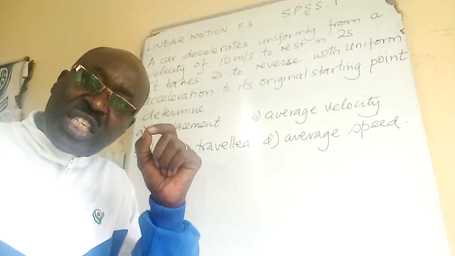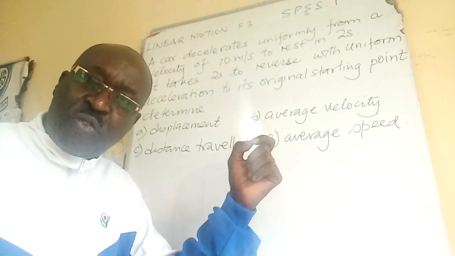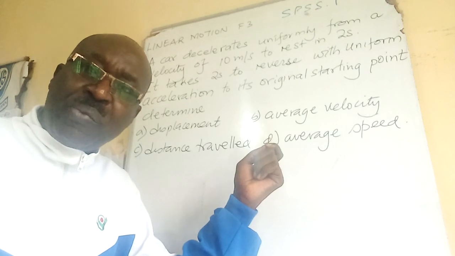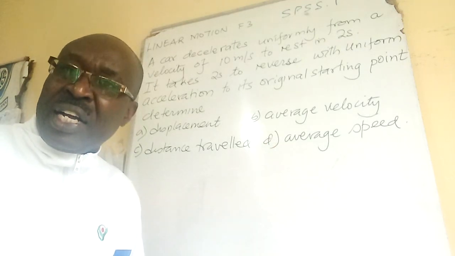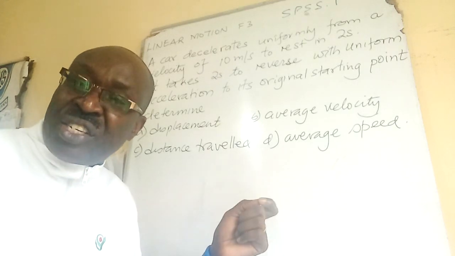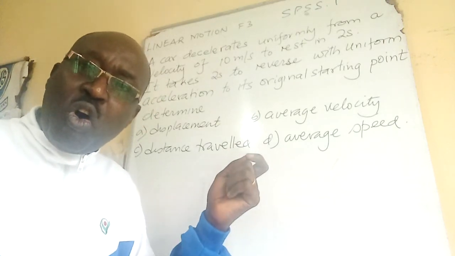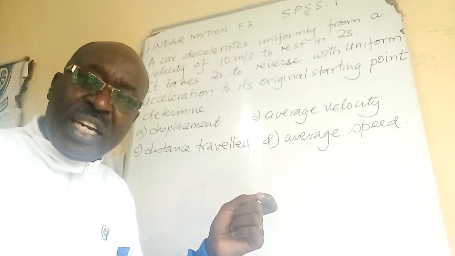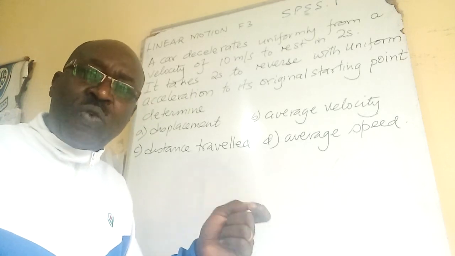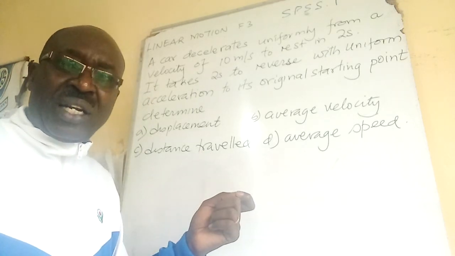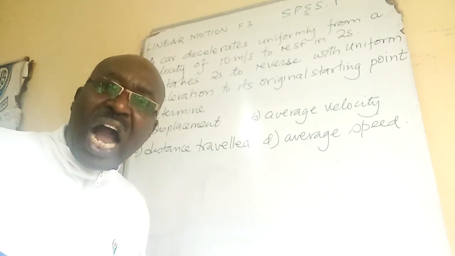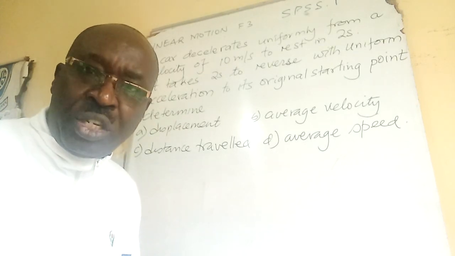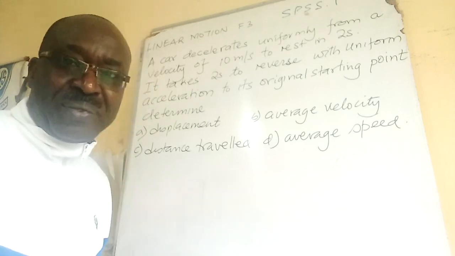So the sign we attach for the portion of motion of deceleration, if we assign that as negative, then coming back, acceleration will be positive, and vice versa.